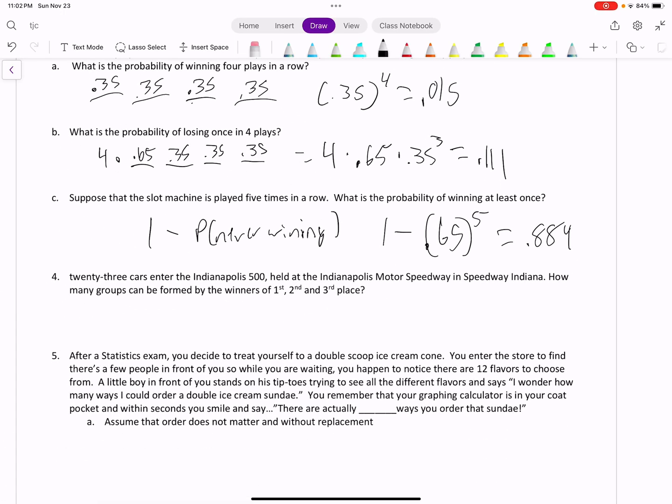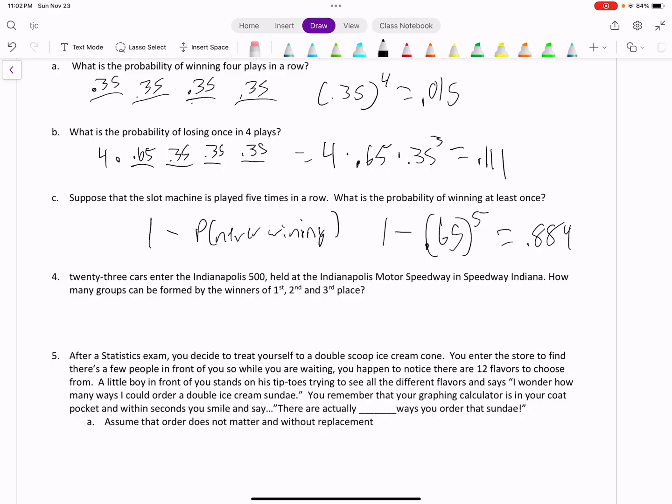23 cars enter the Indianapolis 500 held at Indianapolis Speedway in Speedway, Indiana. How many groups can be formed by winning 1st, 2nd, and 3rd place? So we have 23 people racing, and then we're selecting 3 spots where order matters. And this is selection without replacement.